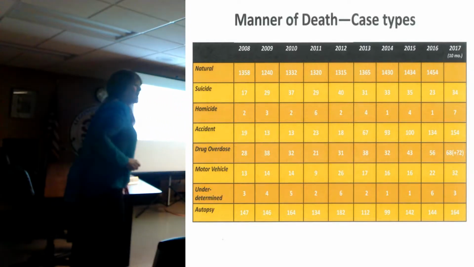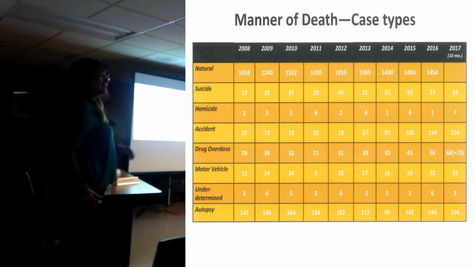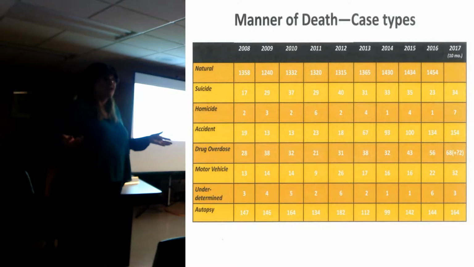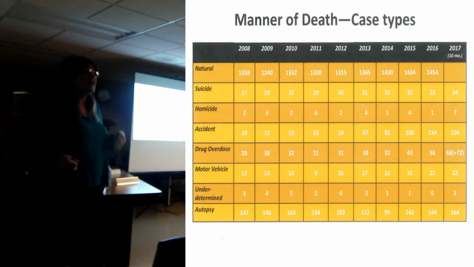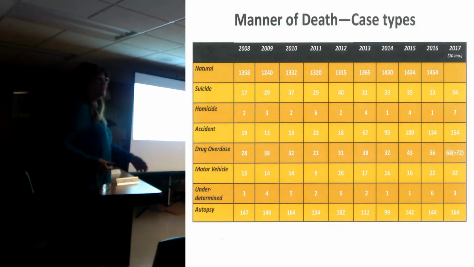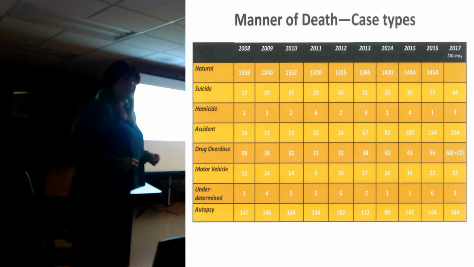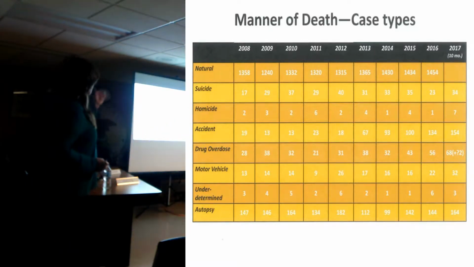So when we're out in that scene, what kind of history might we obtain? Well, of course, we might get that someone has a past history of drug use or drug abuse, or that they have a chronic pain problem. They see a pain doctor. We know they're prescribed these medications. We know sometimes they get mixed up taking these medications.